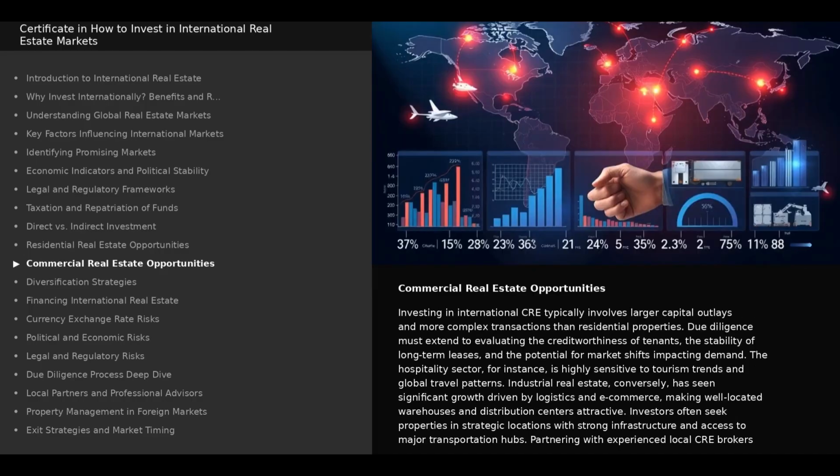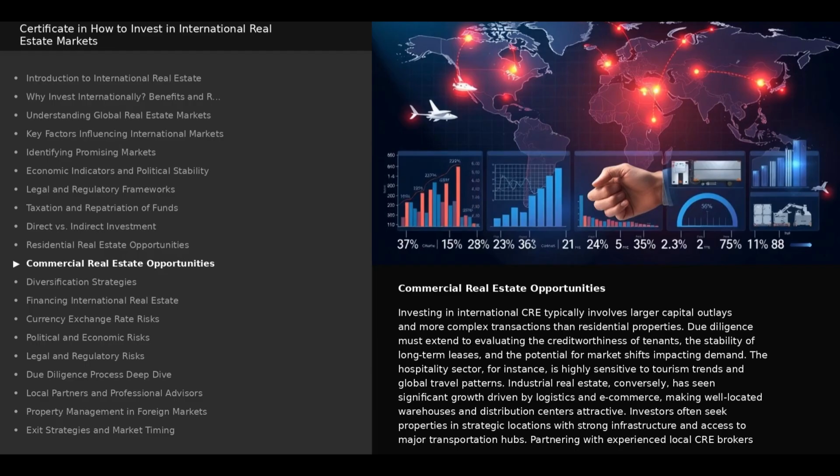Investing in international CRE typically involves larger capital outlays and more complex transactions than residential properties. Due diligence must extend to evaluating the creditworthiness of tenants, the stability of long-term leases, and the potential for market shifts impacting demand. The hospitality sector, for instance, is highly sensitive to tourism trends and global travel patterns.